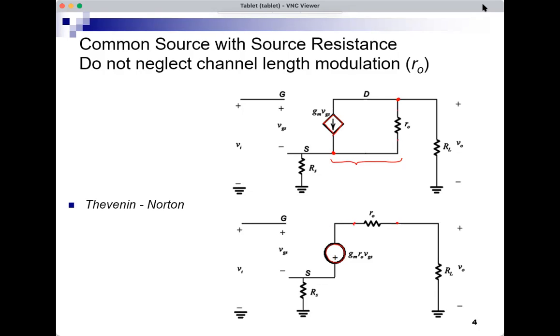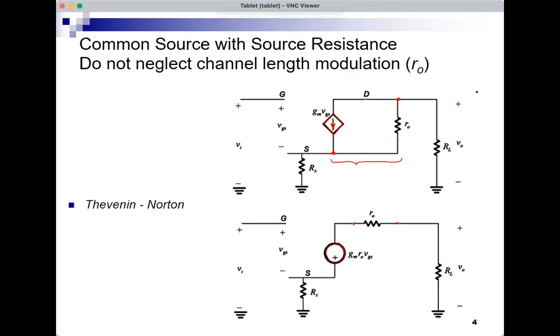And for this to work, the resistor is the same, and the voltage source would be the product of the current value GM VGS and the resistance RO. So GM VGS RO, or GM RO VGS. The polarity, because this current is pointing down, the polarity of the voltage source would be plus towards ground. And with this, I'm back at having a single loop, which kind of makes the analysis simpler.